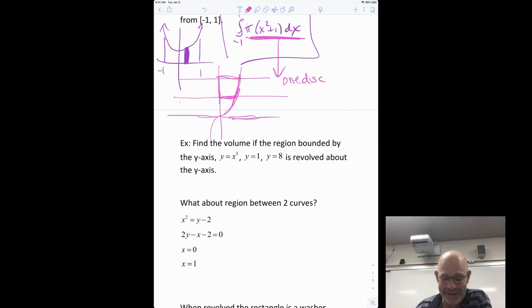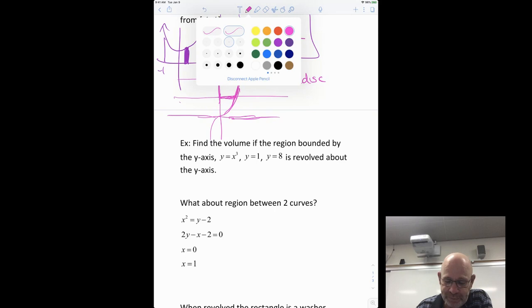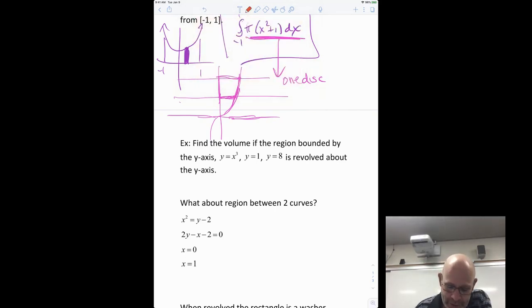I tricked you out there, right? So in order to keep the shape the same, the disk, we have to draw our rectangles this way, right? Because now my rectangle, visualize the other way, so like this, rectangle went this way, made a disk. This way makes that same disk. It's just all tilted.